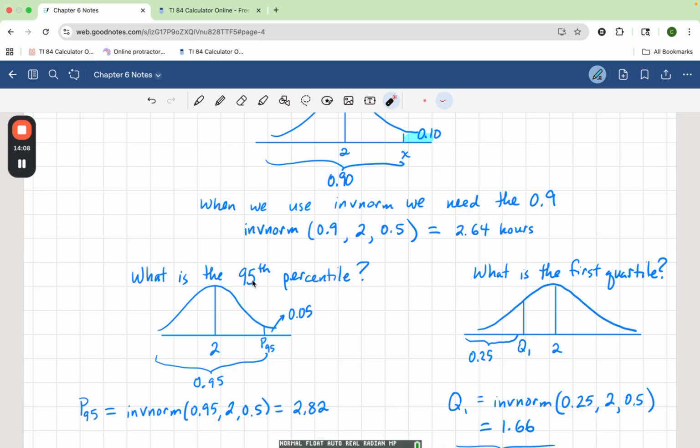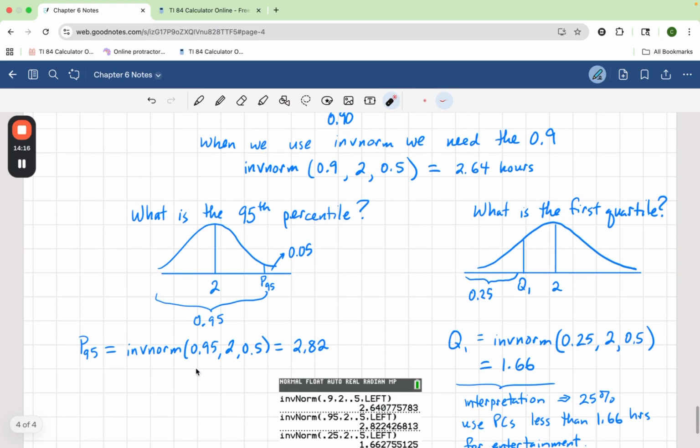But 95th percentile is going to mean that 5% of the data is above it, so 95% is below it. So when I inverse norm it, I'm going to use 95% right there with a mean of 2, standard deviation of 0.5, so 2.82. So 95% of people use their computer for entertainment less than 2.82 hours. 5% of the people for greater than.